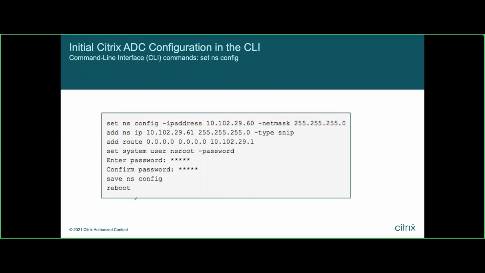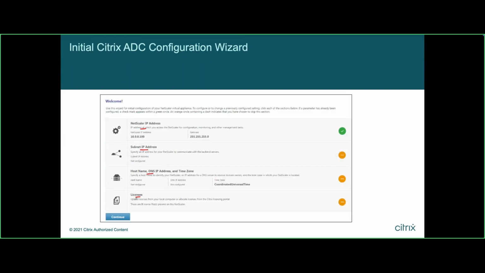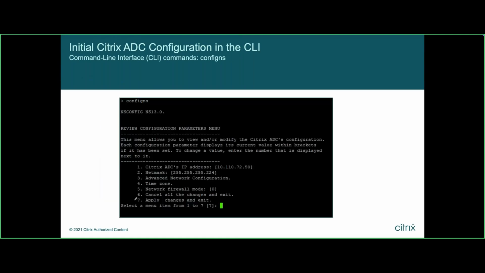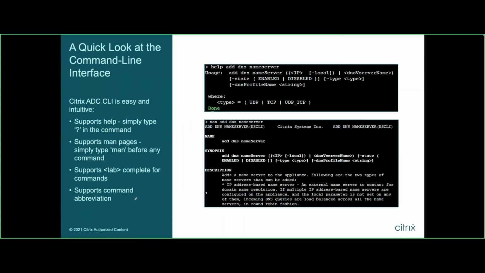Or you can use the GUI. It's entirely up to you which one you're comfortable with, but I'll show you on the GUI how I'm going to set it up. If you have a problem knowing the commands, you can just type help add DNS name server, and it will tell you the usage and the synopsis.